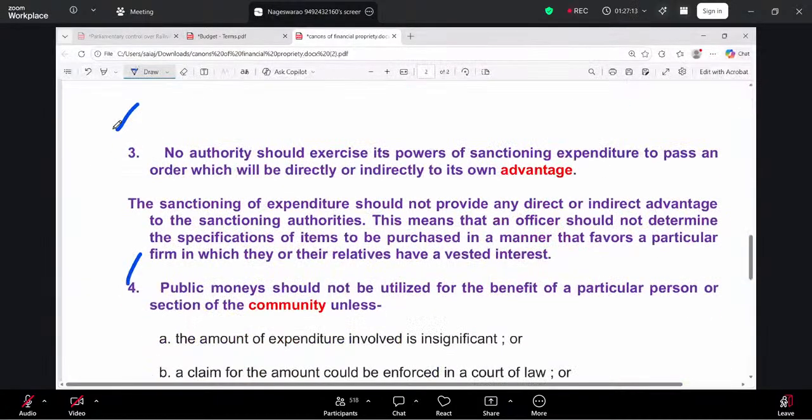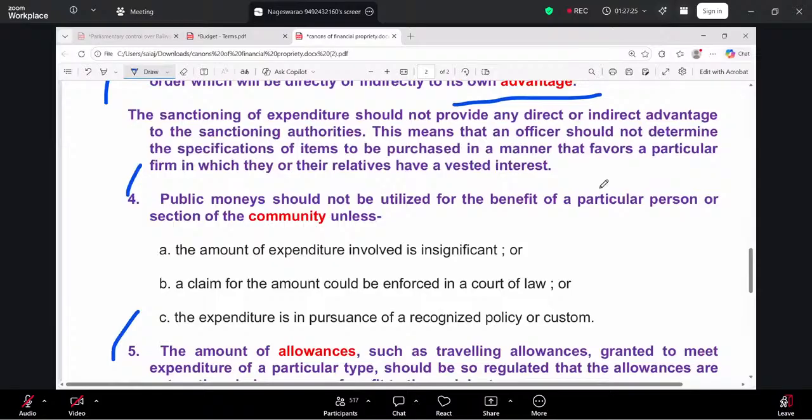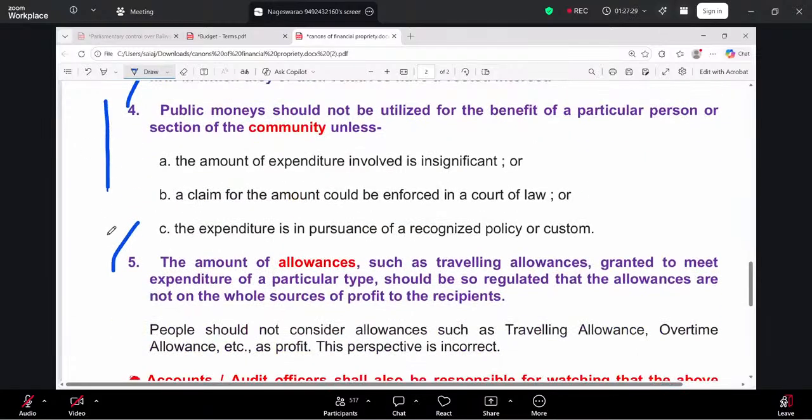Third one, you should not pass any order for expenditure to their own advantage, whether directly or indirectly to the officer's advantage. And public money means you should spend for public purpose only. Public money, public purpose. But here 3 exceptions are there. What are the 3 exceptions?